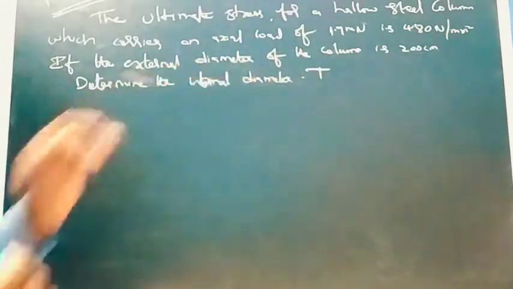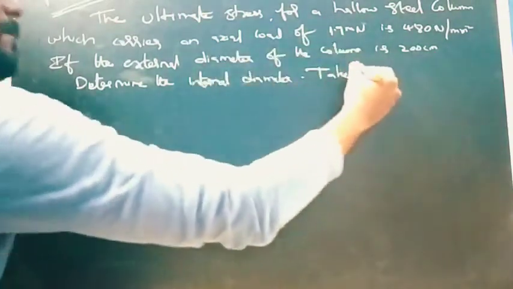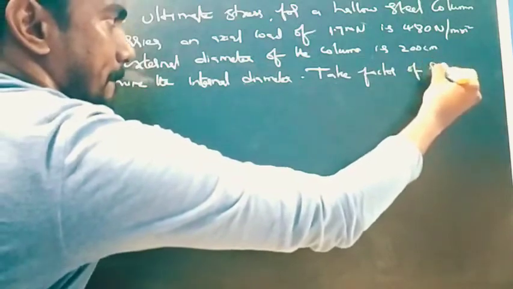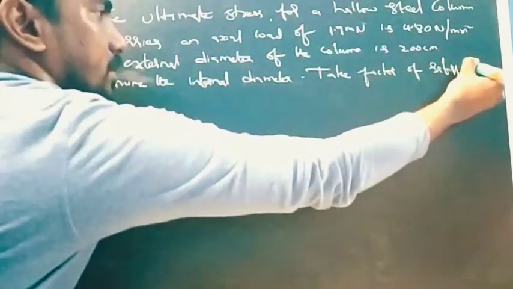And in the question, it is given to take a factor of safety as 4.